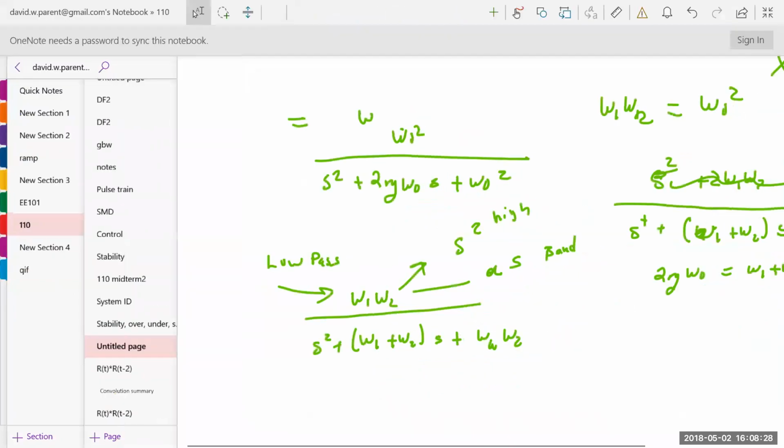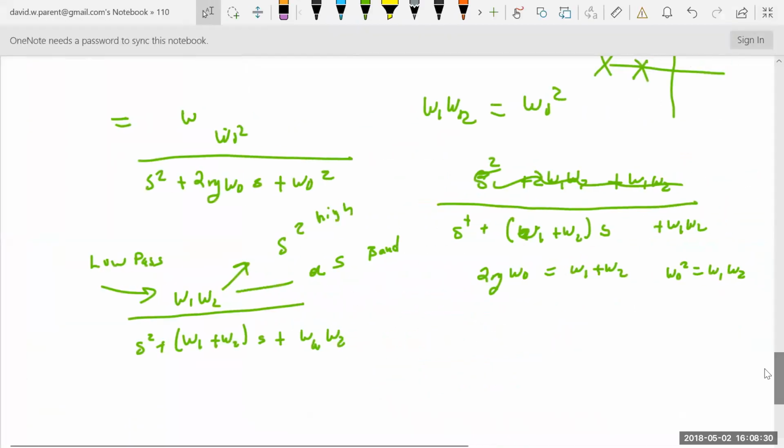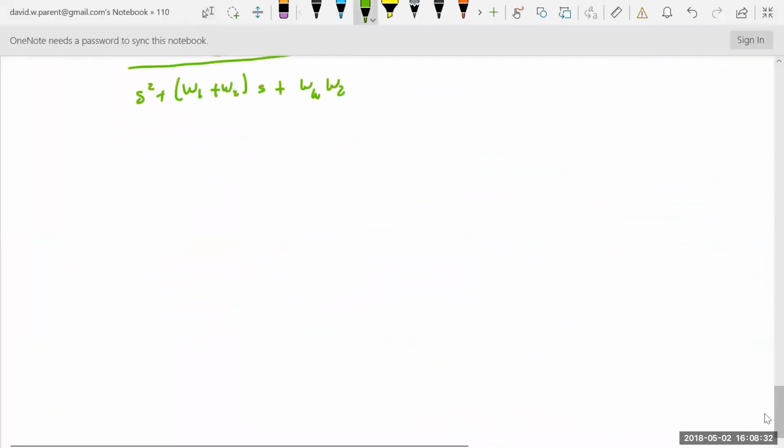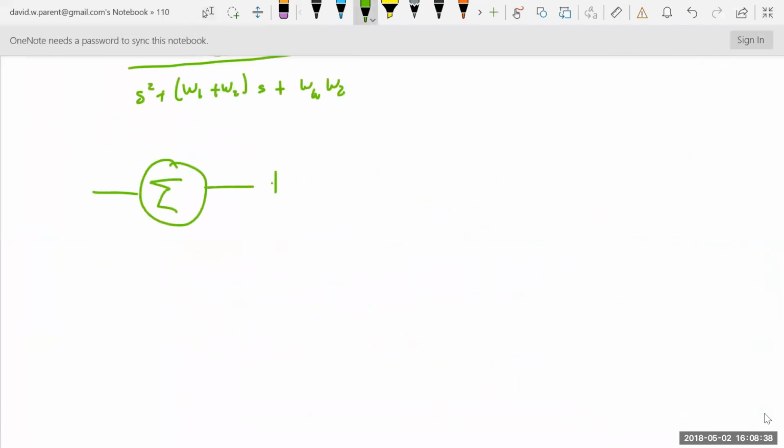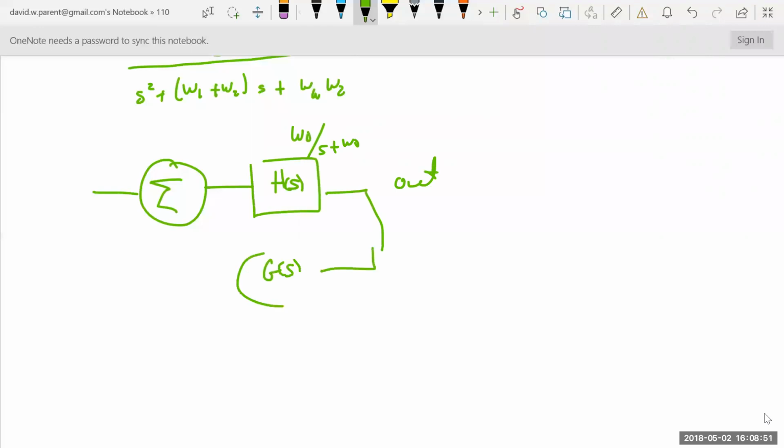All right. And this is a little bit what I was trying to say last time, is that if I have a summer, right, and then I have a transfer function, and I'm going to call it omega naught over s plus omega naught, that's my out. And then I have my G(s), right?